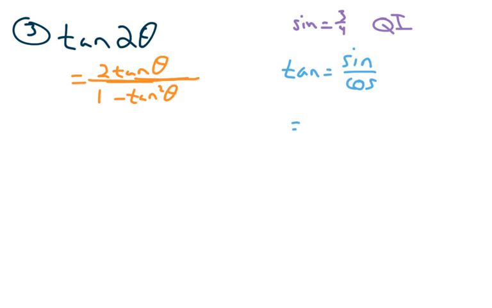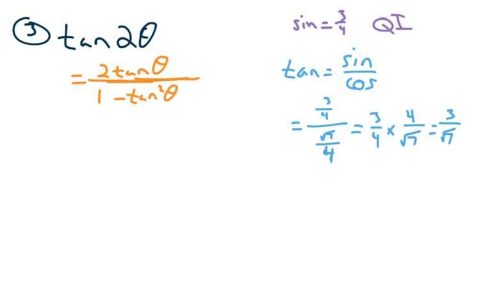So the tangent was equal to the sine, which was 3/4, over the cosine, which was the square root of 7 over 4. Now, if we're dividing fractions, we can make this 3/4 times the reciprocal, 4 over the square root of 7, which gives me 3 over the square root of 7.